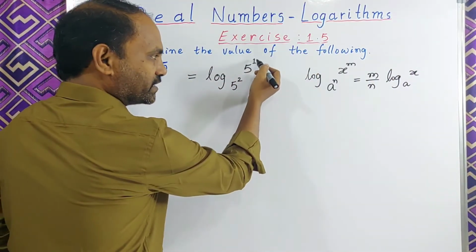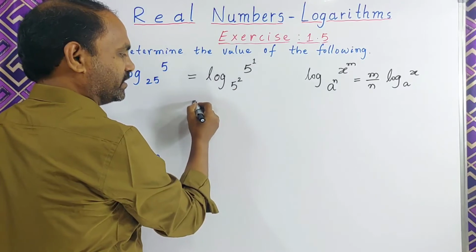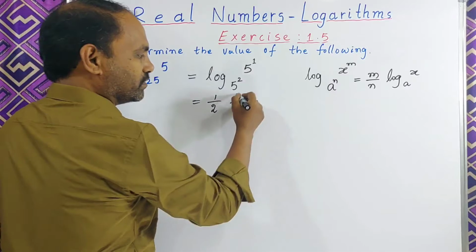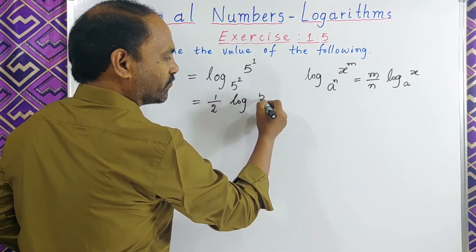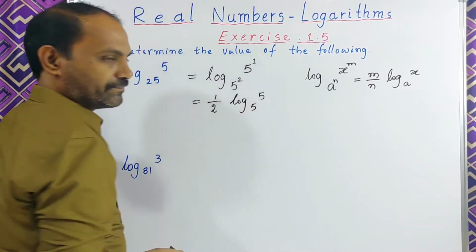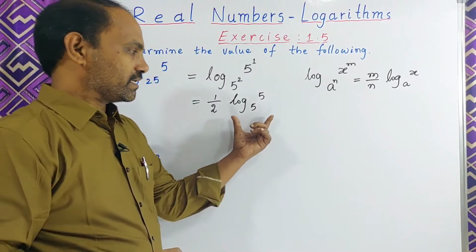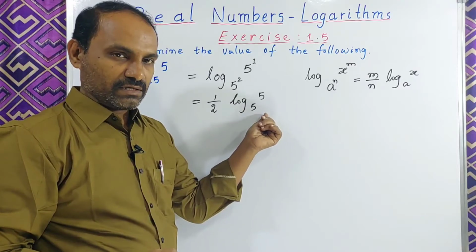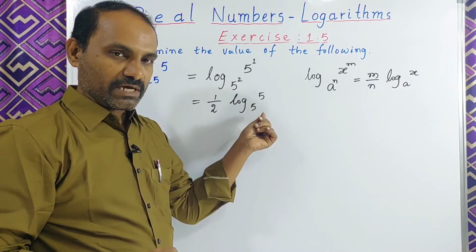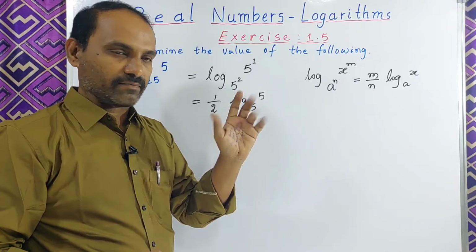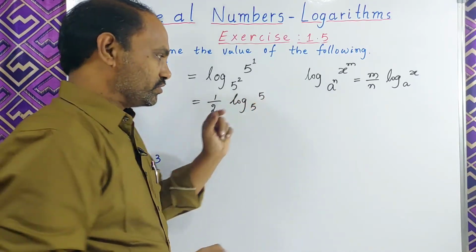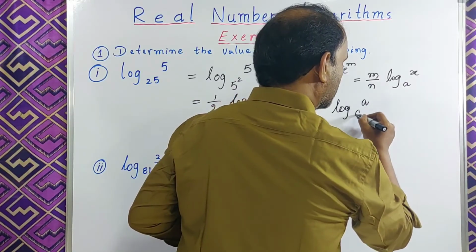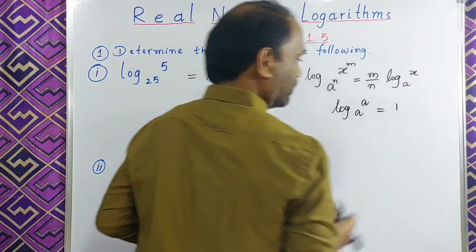You should write this exponent by this exponent, that is 1 by 2, into log 5 to the base 5. Look at this: the base value and the log value are both equal here. That's why we use formula number 5, log a to the base a is equal to 1.